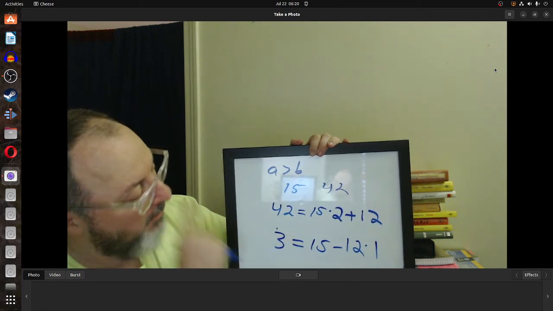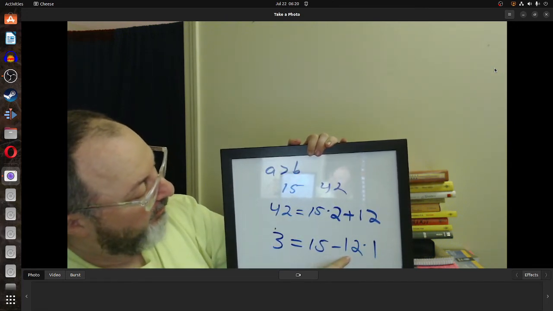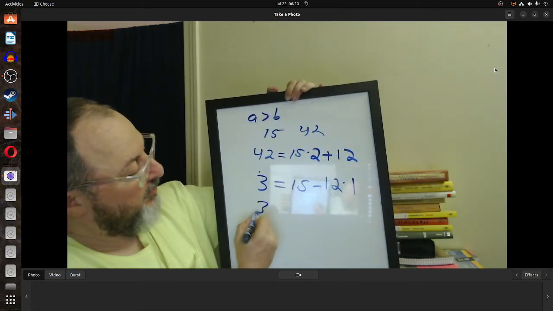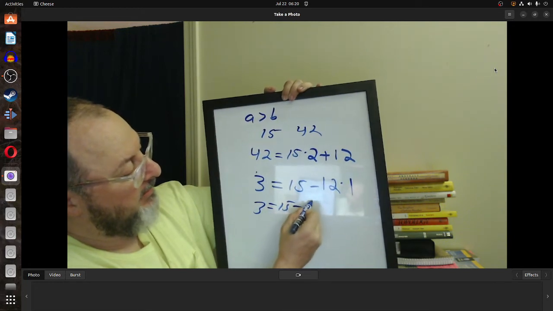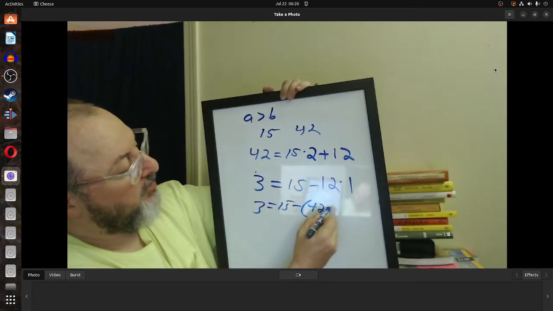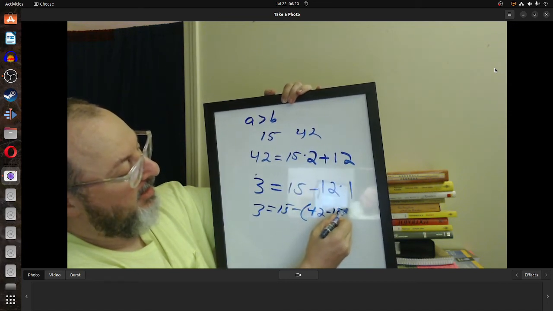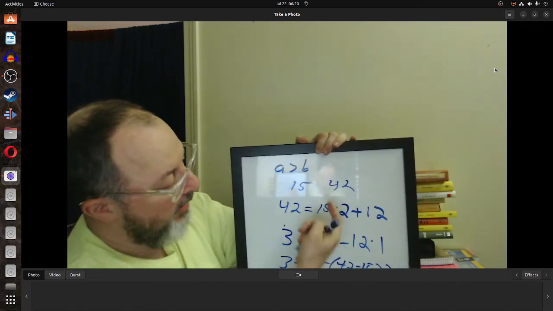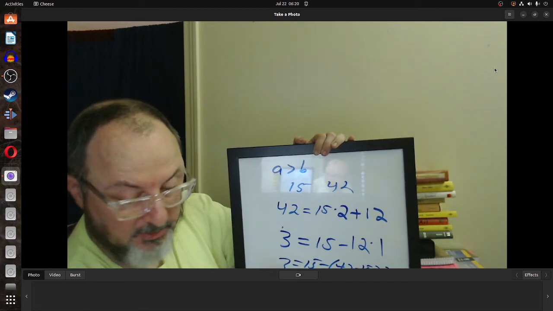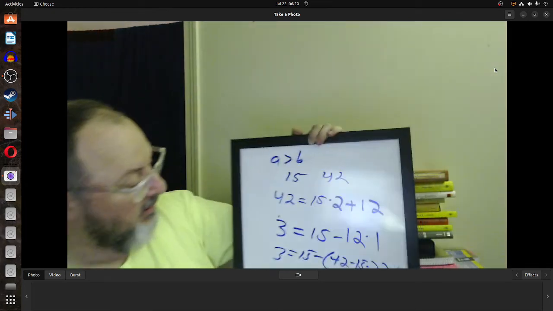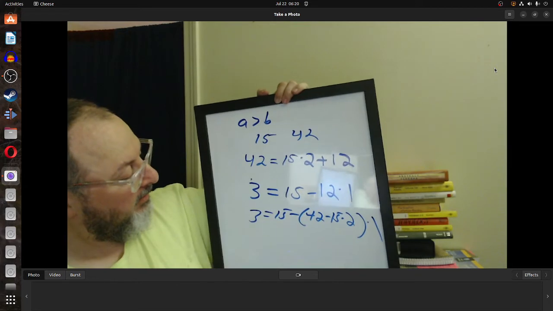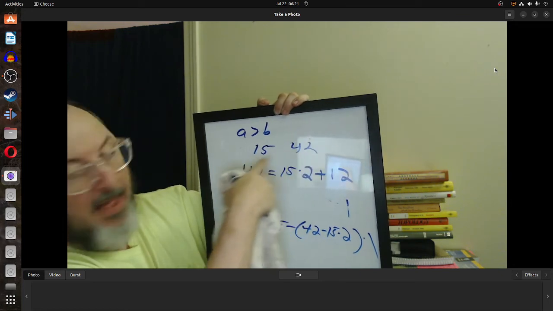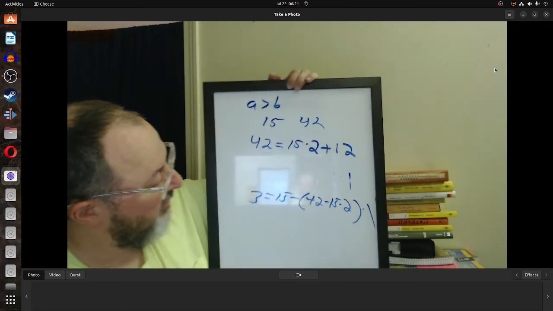But you see 12 is 42 minus 15 times 2. So this 3 is 15 minus 42 minus 15 times 2, times 1. You just keep on going back up, solving for the stuff to get up to the common factor, the greatest common divisor as a linear combination of these.